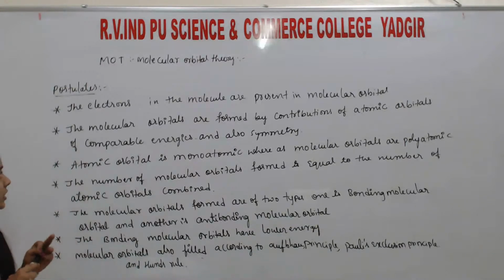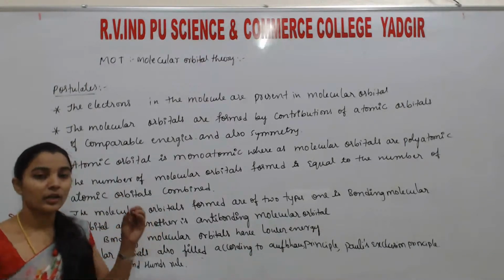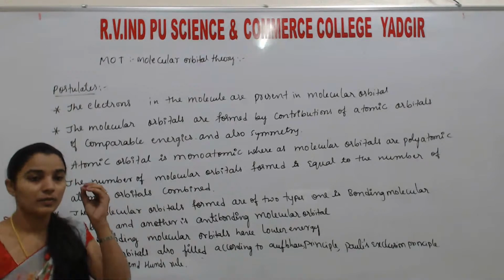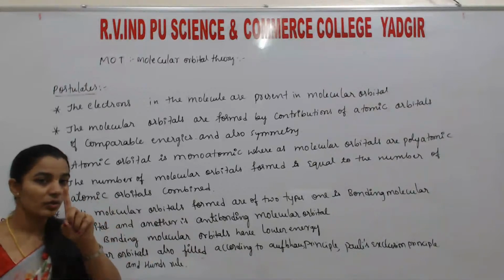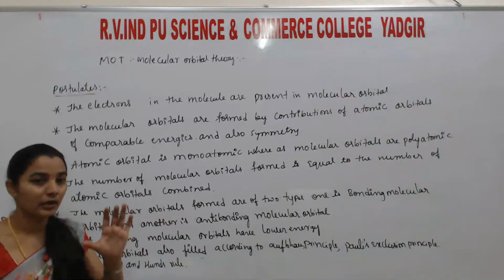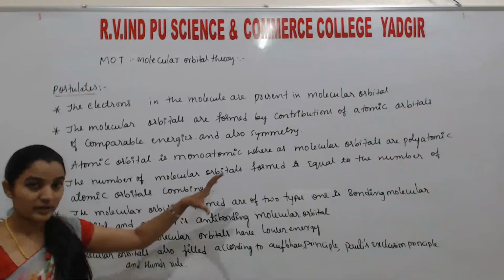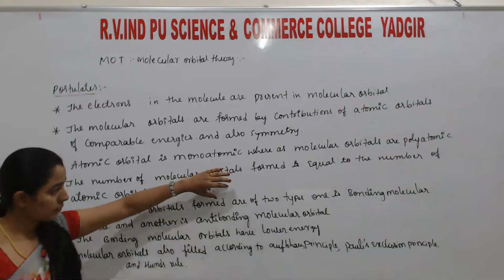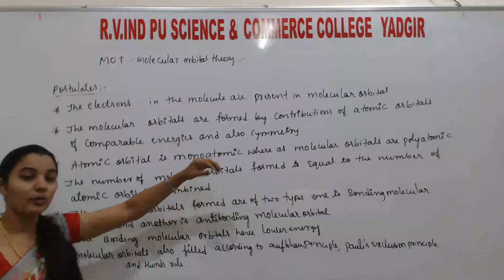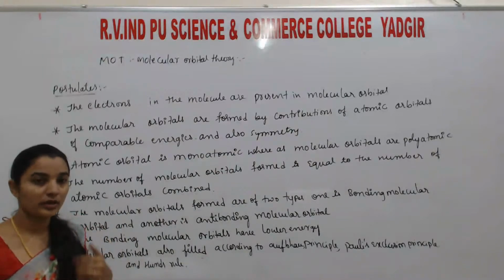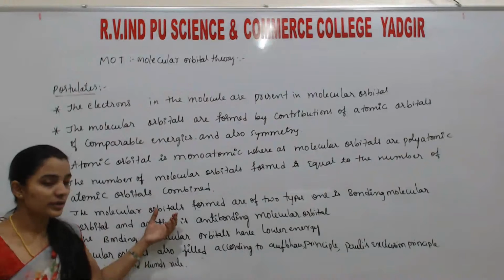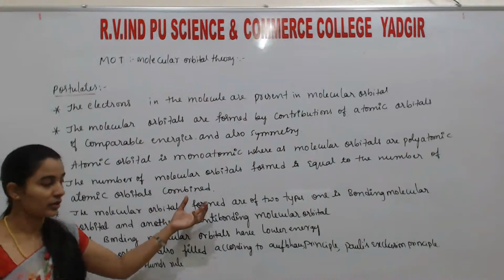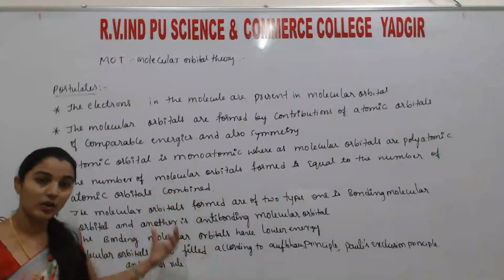Listen. Whatever we explained, be it the Lewis concept, valence bond theory, VSEPR theory, or hybridization, everything depends on only one atom, like the central metal atom. For CH4, we consider only the configuration of carbon; we don't bother about hydrogen. CF4 also, only the electronic configuration of carbon.